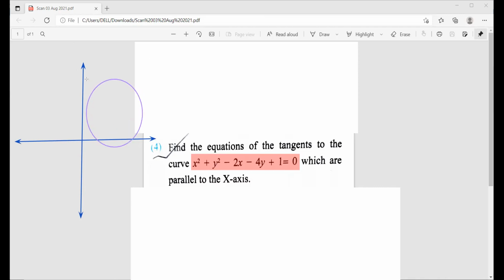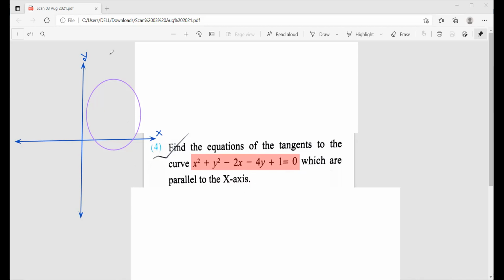I'm not going for that diagram, I'm not bothered about actually drawing the correct diagram. This is only for representation purposes. I'm drawing the y-axis, x-axis, and the circle. I do not know this circle. I did not find the center. So it may not have the center in the first quadrant, or it may, I'm not bothered. It is just a rough sketch. So I have the circle here and they say find the equation of tangents to the curve which are parallel to x-axis.